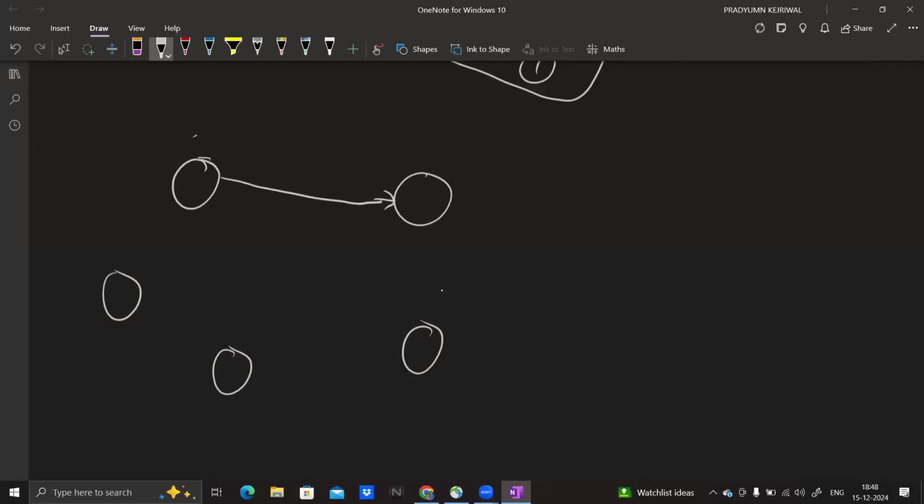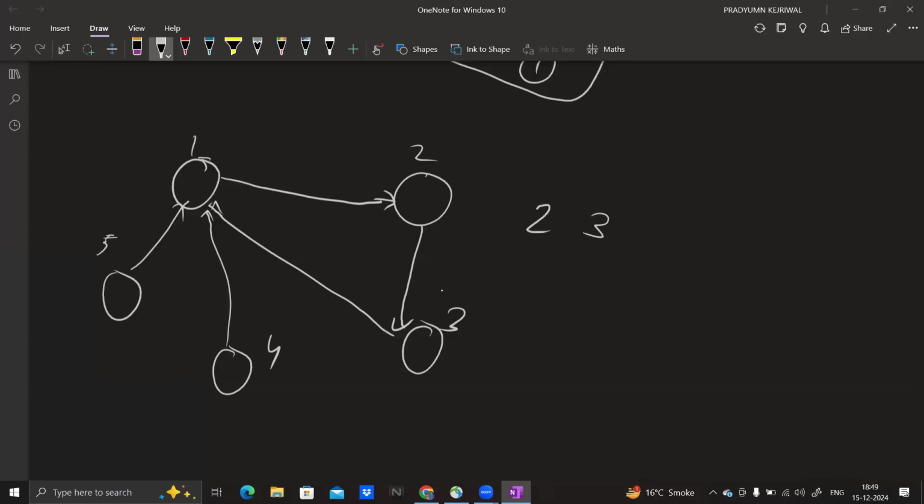Suppose this is the first spider, this is the second spider. Suppose the graph is like this: 1, 2, 3, 4, 5. With this input, 1 will give to 2, 2 will give to 3, 3 will give to 1, and 4 and 5 will give to 1.